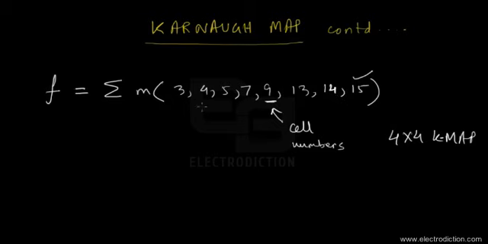Before we move on, we also need to determine whether the function is an SOP or a POS type expression. Whenever we see a sigma sign in a function, it will always be an SOP type function. And for an SOP type function, as I said earlier, a 0 represents a complementary variable, whereas a 1 represents a non-complementary variable.